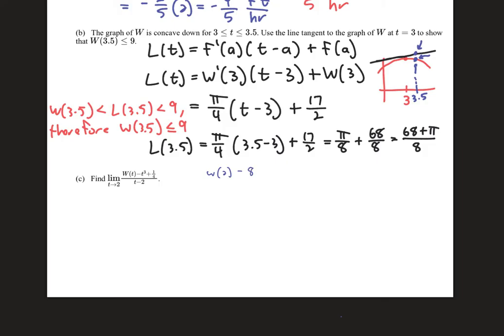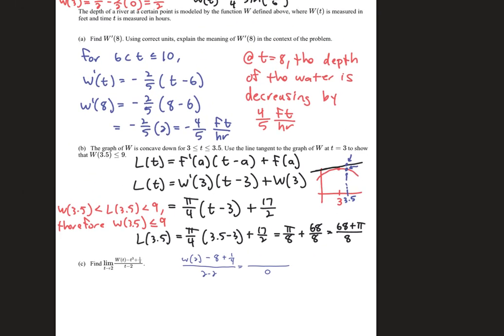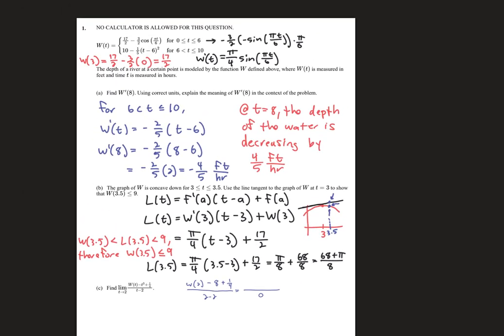Okay, T cubed is 8. Okay, we know the bottom is 0. And then W of 2, let's plug in 2. Okay, so if you plug in 2 for T, you get cosine pi over 3. Okay, cosine of pi over 3 is a half.